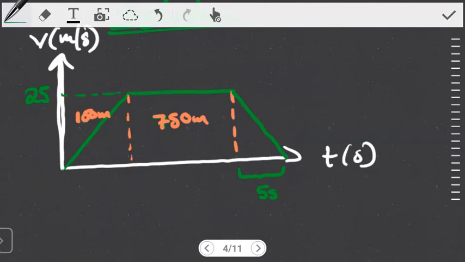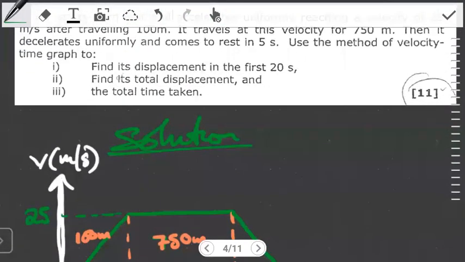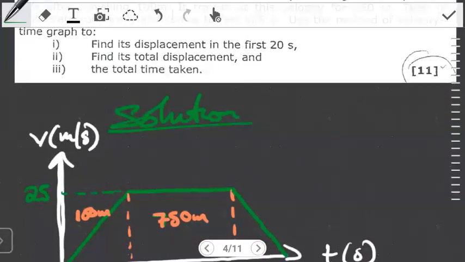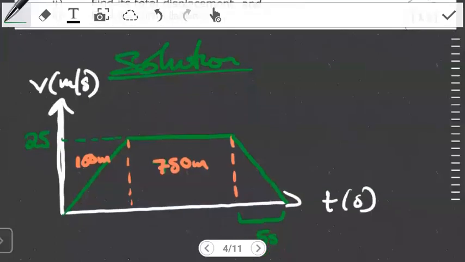Well, how do we proceed from here? The question is asking us a number of things. First, they're saying find its displacement in the first 20 seconds. So this gives us a question: when do we achieve 20 seconds?